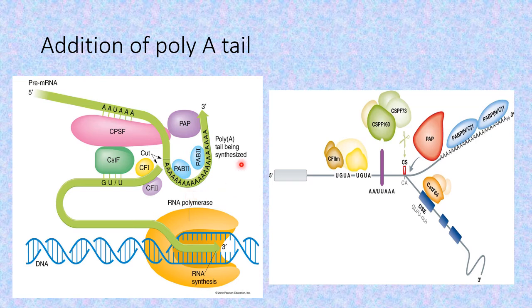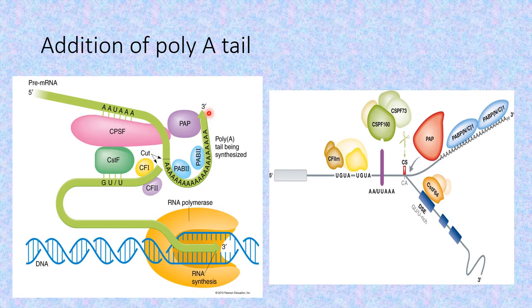Only it uses the adenosine triphosphate molecules and adds adenine one at a time, and this tail may range up to about 300 adenine nucleotides.